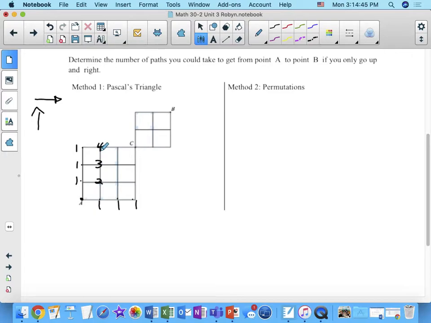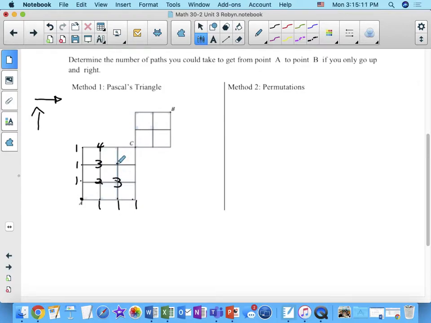How many ways are there to get to this spot right here? 3. And if you're going up and right, you want to look from down and left. That's the direction that you've come from.